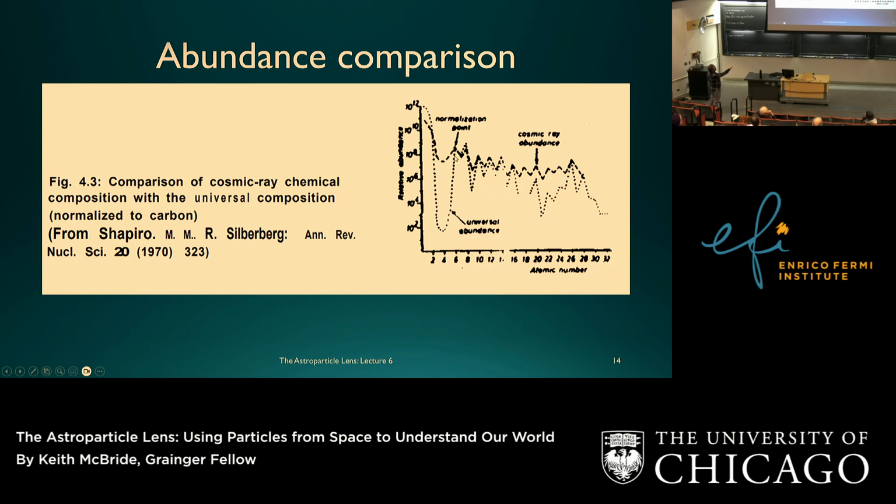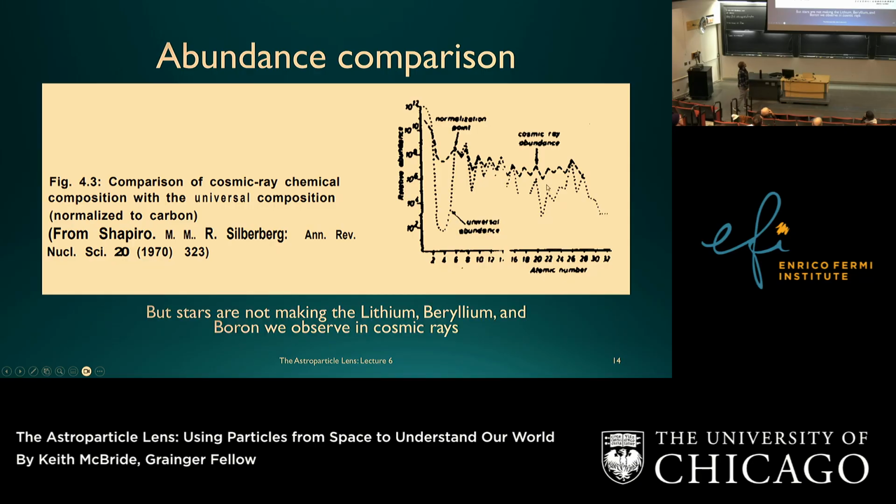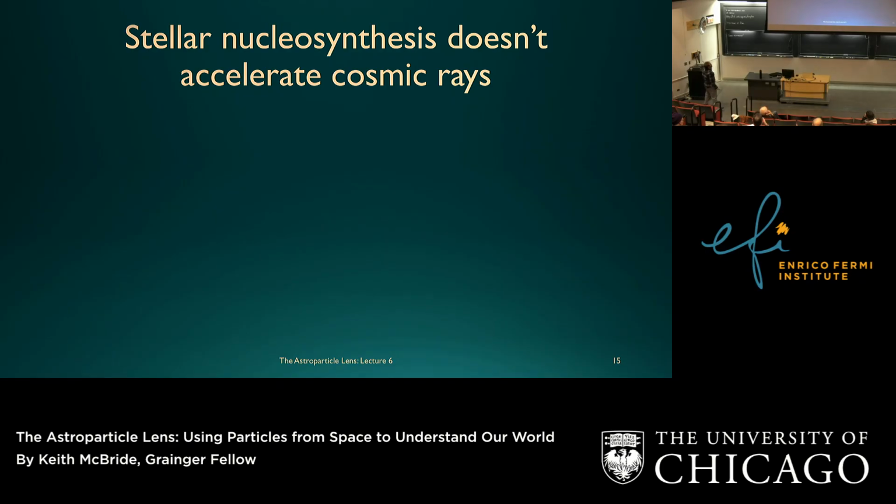With cosmic rays, you get this one. Why is it overabundant here? And there's actually a lot of overabundance here as well. So stars are not making this lithium, beryllium, and boron. They can't, right? But we do observe that lithium, we do observe that boron, we do observe the beryllium in the cosmic ray spectrum, cosmic ray measurements of the mass and the nuclei.